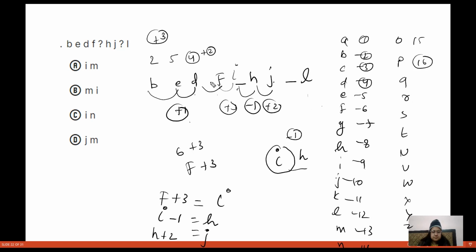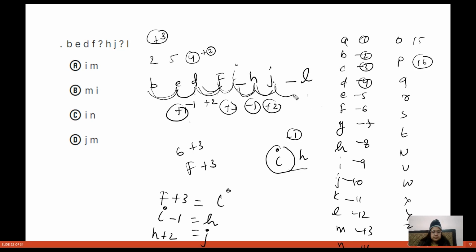From here to here I added 3, and from the third to the fourth one I added plus 2. Then again plus 3, minus 1, and plus 2.